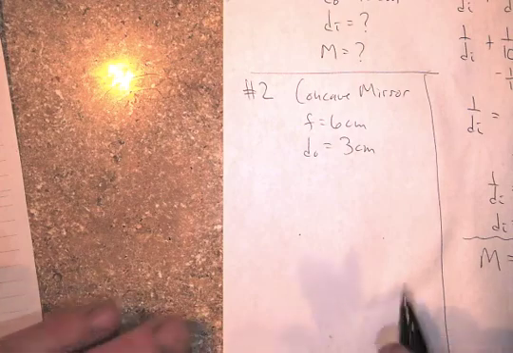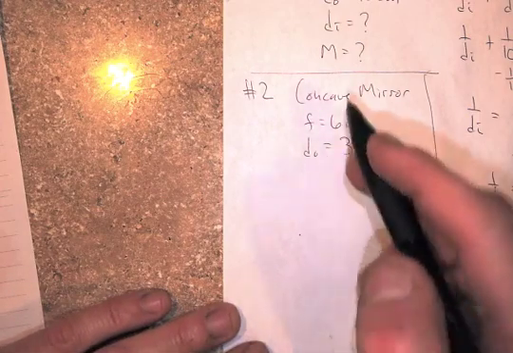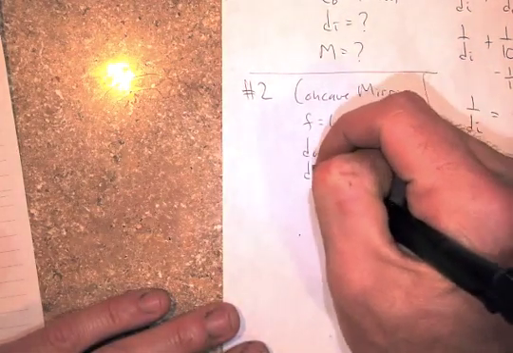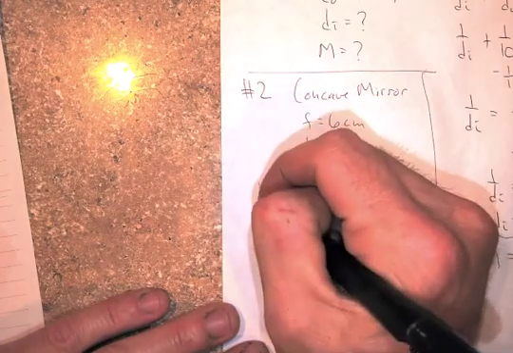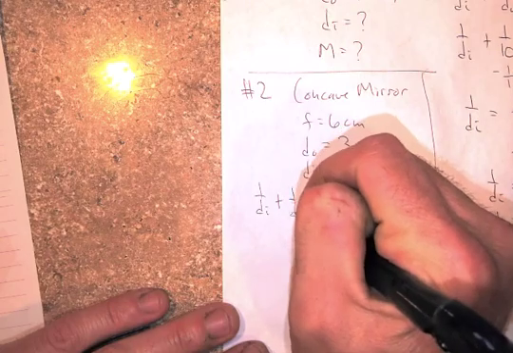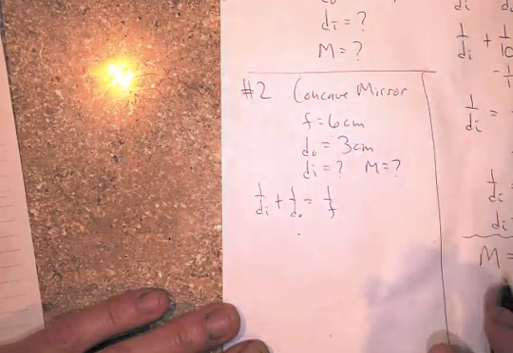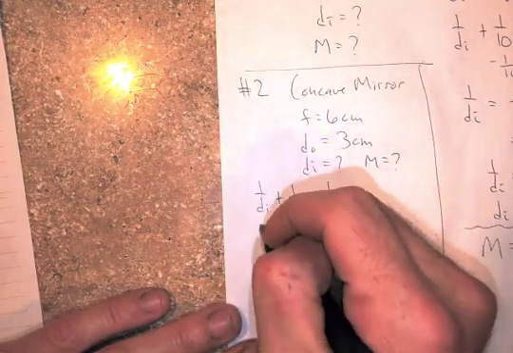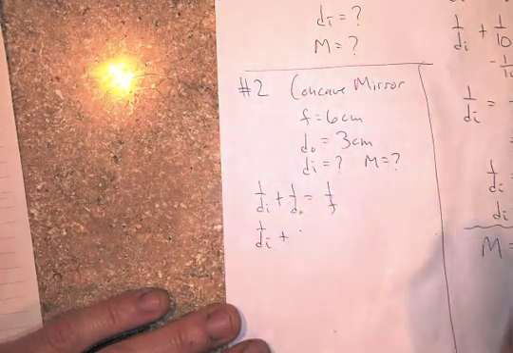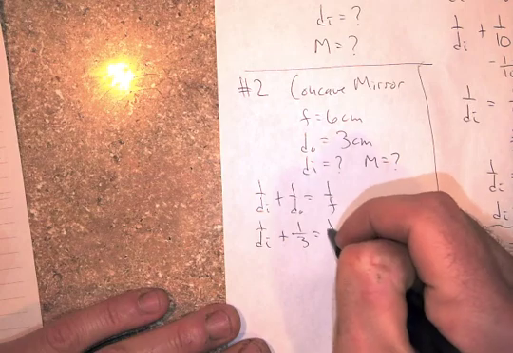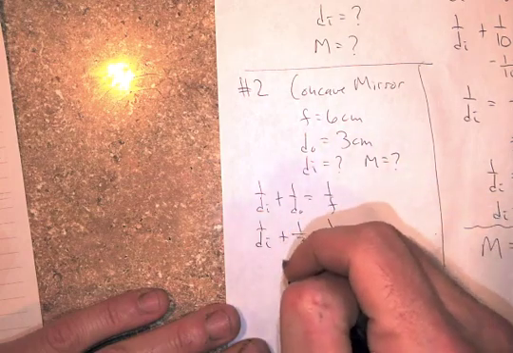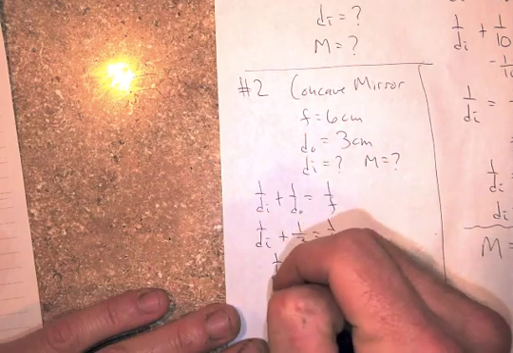All right? This one, the math will be a little easier. I think I can fit it in here. So what's di? What's the magnification? Okay, so 1 over di plus 1 over do equals 1 over f. So 1 over di plus 1 over 3 equals 1 over 6. So I'm going to minus 1/3 on each side.